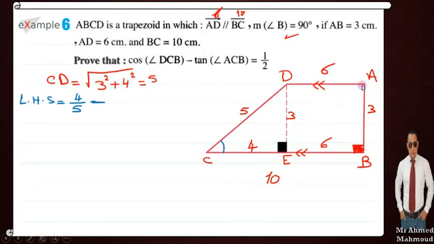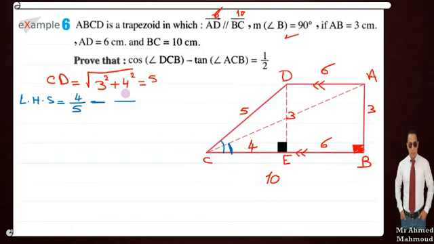Now I need to connect AC like this to have the right angle triangle ACB. In this right angle triangle, for this angle here, its opposite is 3 and its adjacent is BC, which equals 10 centimeters.